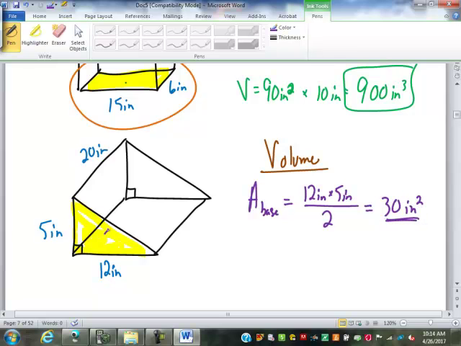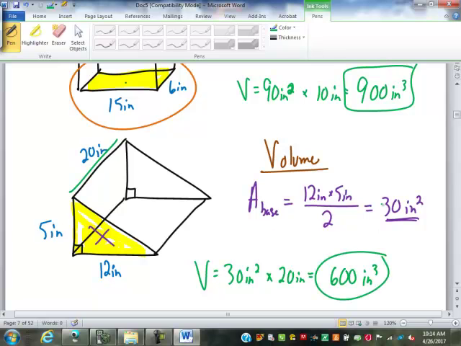That's the area of that base. So that I find my volume by taking the area of the base times what in this picture? The 20. So 30 inches squared times 20 inches is 600 inches cubed. Any questions?